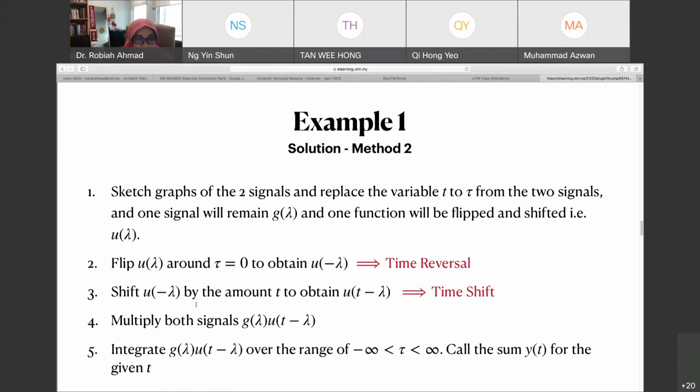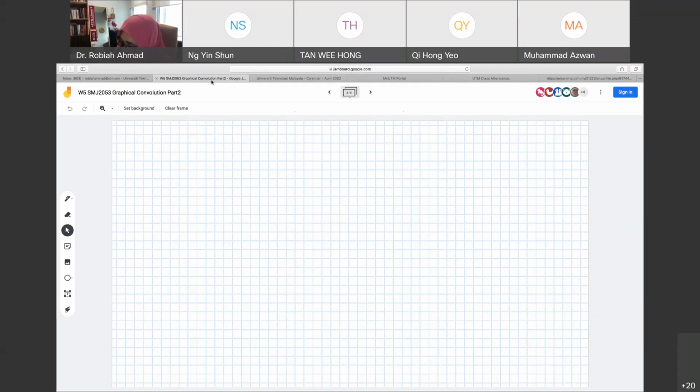So let us look at how it looks like. Our y(t) this time will be the integral from minus infinity to infinity. So this time the x from before, x(tau), x(t minus tau), and then g(tau) d tau.